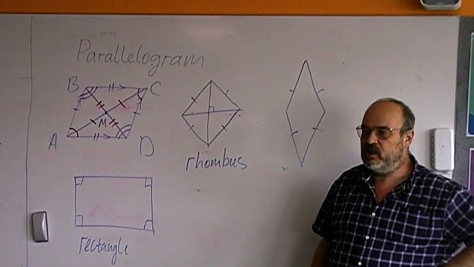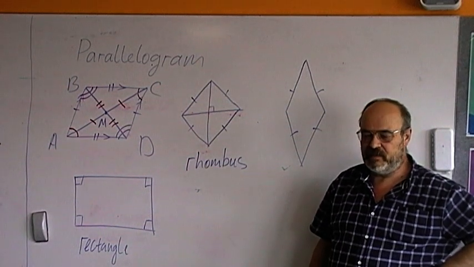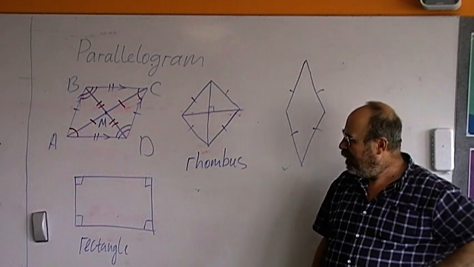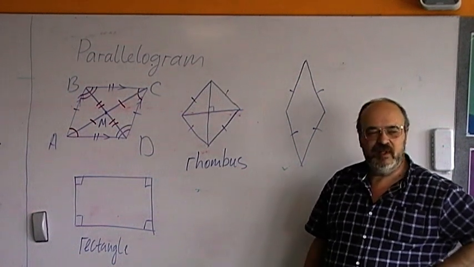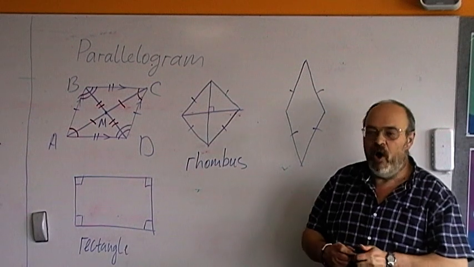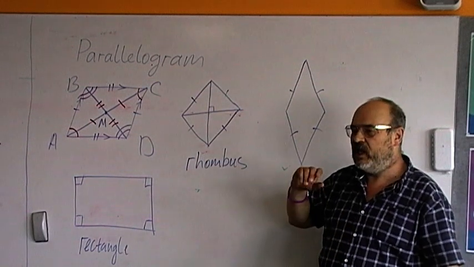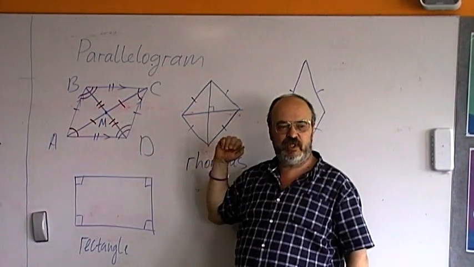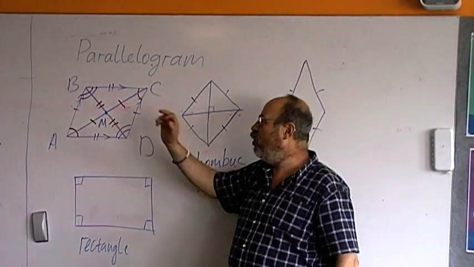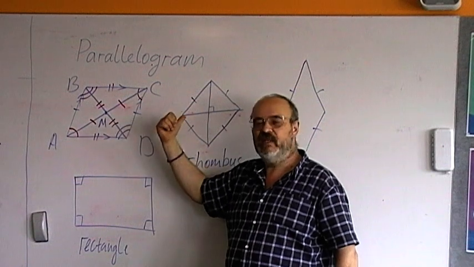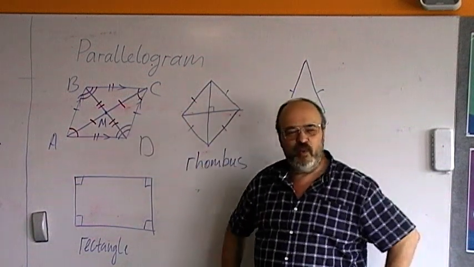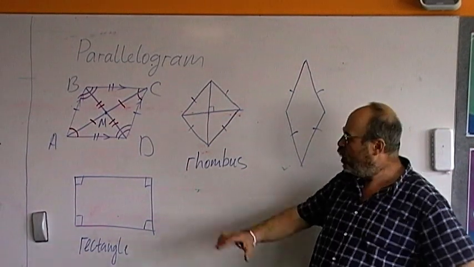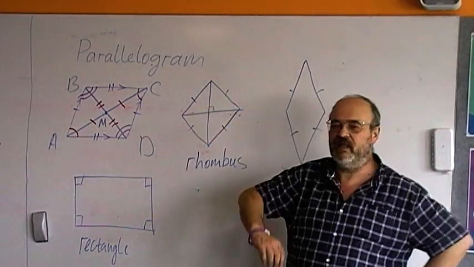Diagonals of the rhombus intersect at 90 degrees. By the way, every rhombus is a parallelogram because it has all features of the parallelogram. Are all parallelograms rhombuses? No.